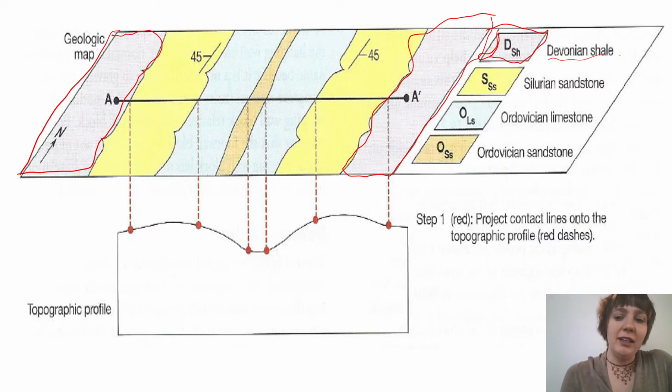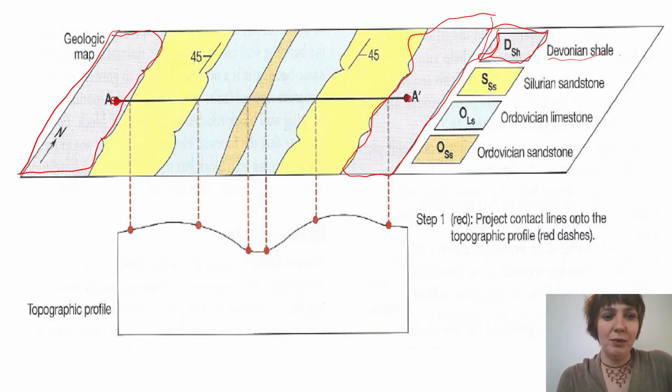Now, anytime you need to make a geologic cross-section, and it is much easier to do this on paper, we're going to make our cross-section from point A to point A prime. So what does the ground look like if we could just slice this and take a side view of it right there?